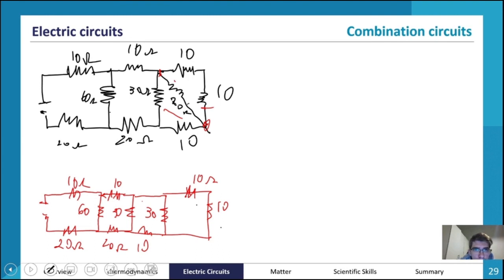So the reason for that is because it's very clear that this 10 and this 10 are in series with one another, right? What might not be so clear is that these two are parallel with the 30 here. The reason they are parallel, it's because this node and here are the same, right?